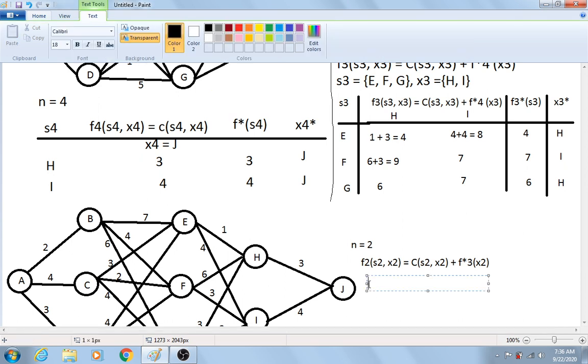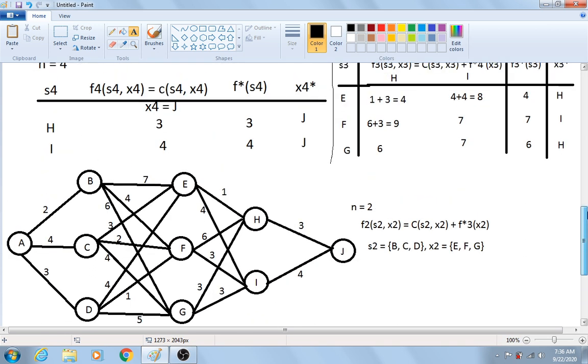Now if we are at n equal 2, then what is our s2? Our s2 will be B, C, and D, right? So B, C, and D, and our destination or x2 will be E, F, and G.